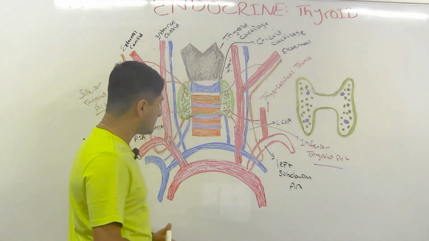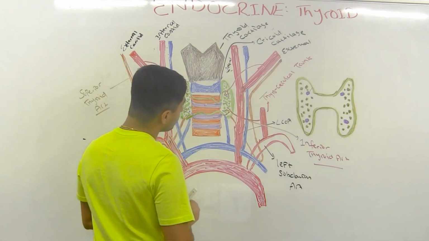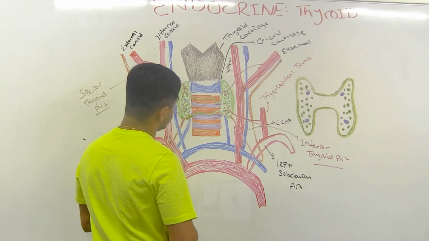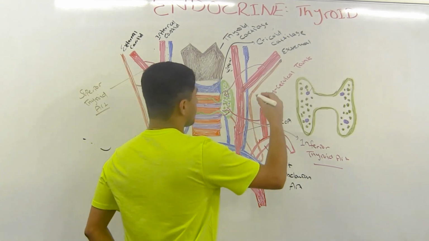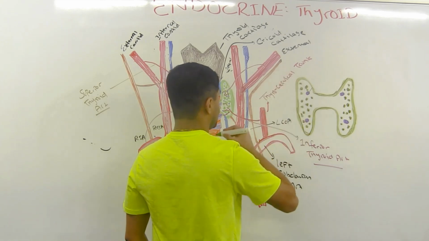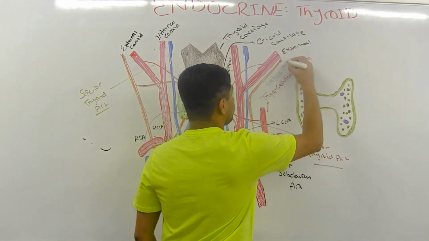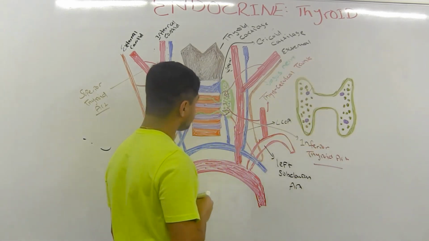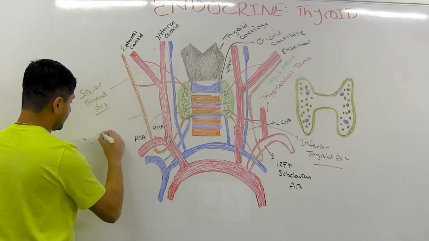If you see here, there's a superior thyroid artery. One thing you have to understand is that you see this nerve right here, coming down. This is my vagus nerve. Even right here, this is the vagus nerve.